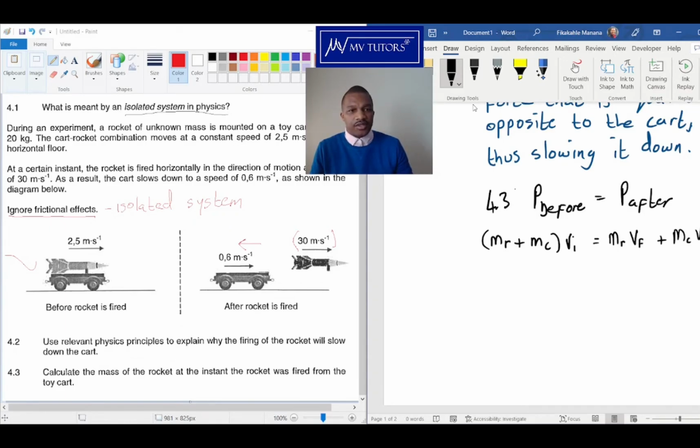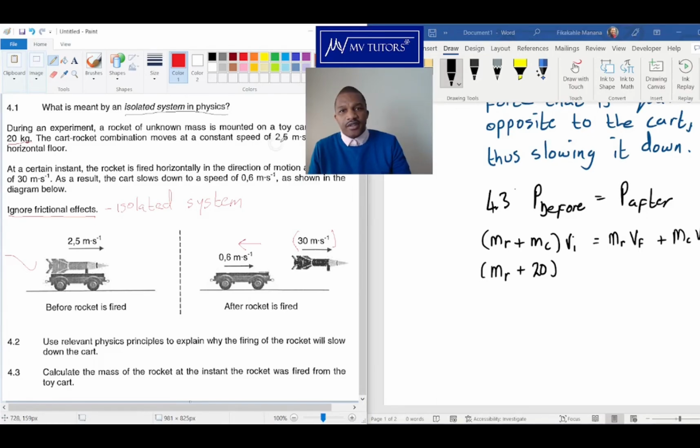Let's put in values. What's the mass of the rocket? That's what we're looking for. The mass of the cart is given here as 20 kg, so we'll put that 20 over here, and the initial velocity, 2.5, is also given.